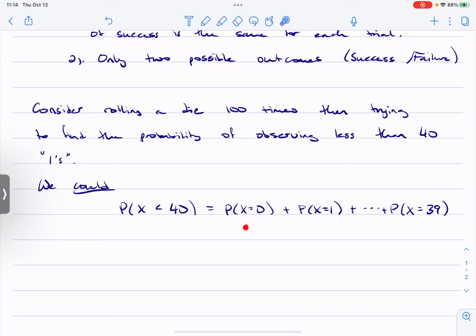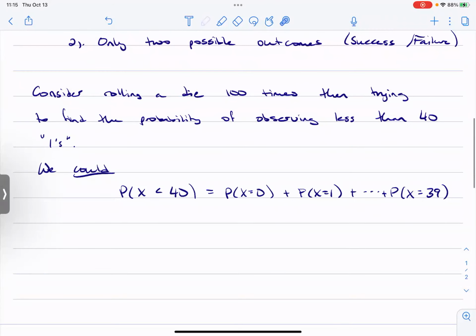Each of these would be a binomial calculation, and that's going to be hard work. That's 40 calculations, so no thank you.